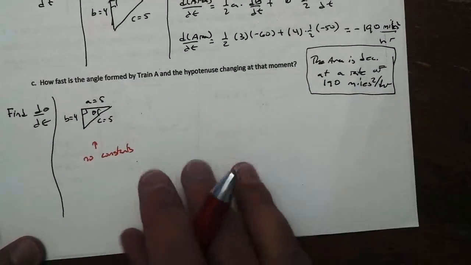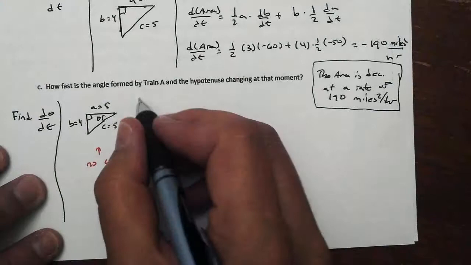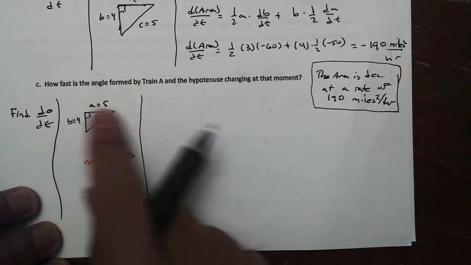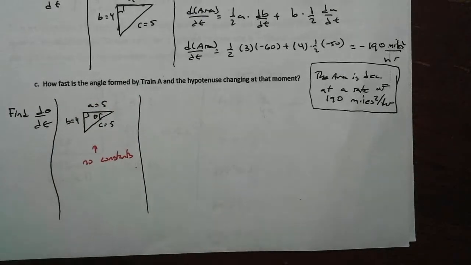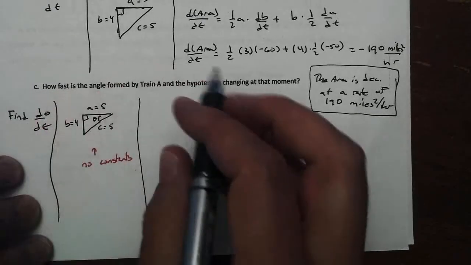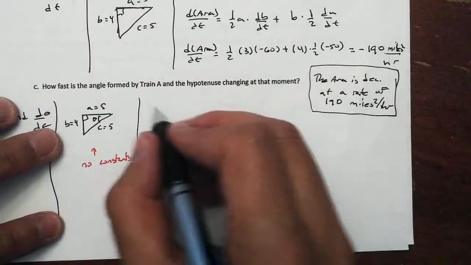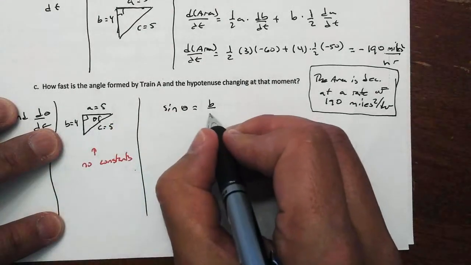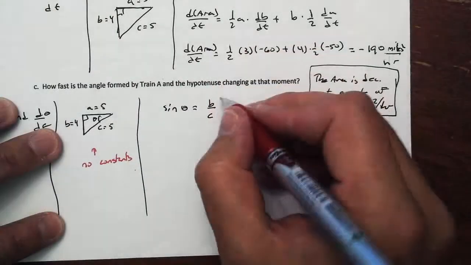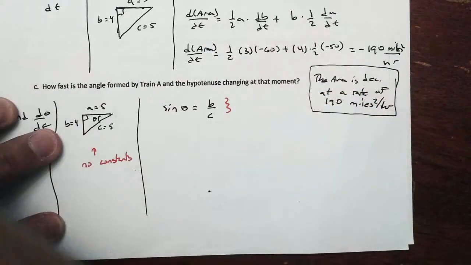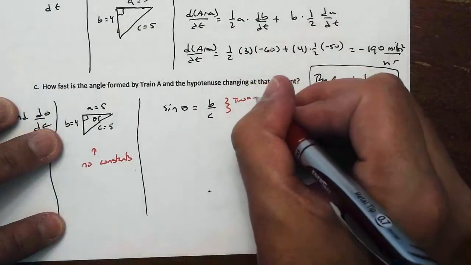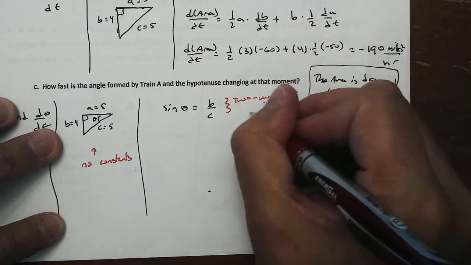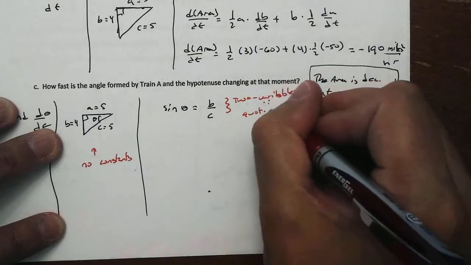So when we write this one out, we have to make sure we can pick an angle that we know. So we're going to use any trig function that we want. And it doesn't matter which trig function you use. We know all of the values. So I just picked one of the easier ones I know, sine of theta. Sine of theta is the opposite, B, over the hypotenuse, C. And again, there are two variables here, which means we have to use our quotient rule this time.